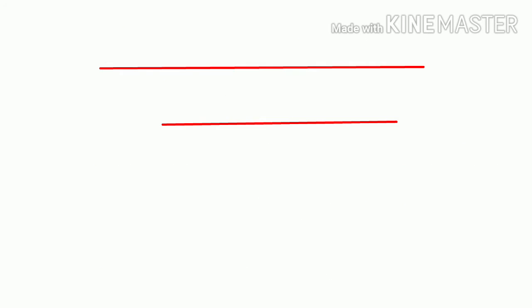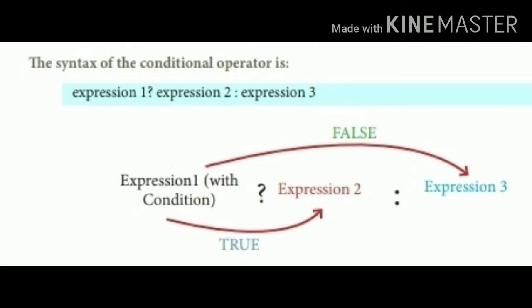The syntax of the conditional operator is expression 1, question mark, expression 2, colon, expression 3. First it checks the condition expression 1. If the condition is true, expression 2 is evaluated. Otherwise, expression 3 is executed. This is the process of the conditional operator.